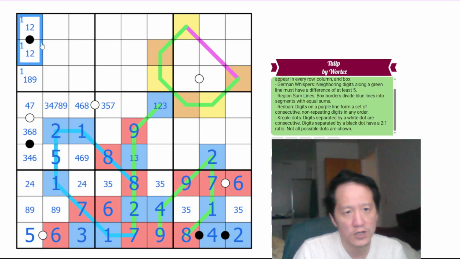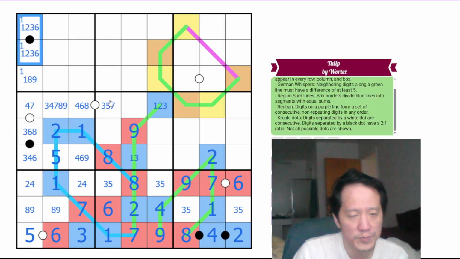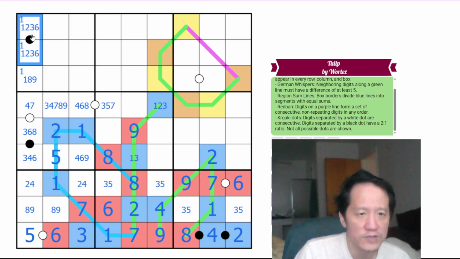So that works. So 3 and 6 works here too. It could be this is 4 and 8. If this is 4 and 8, that makes this 2, which also makes this 3, 6. That would make this 7.